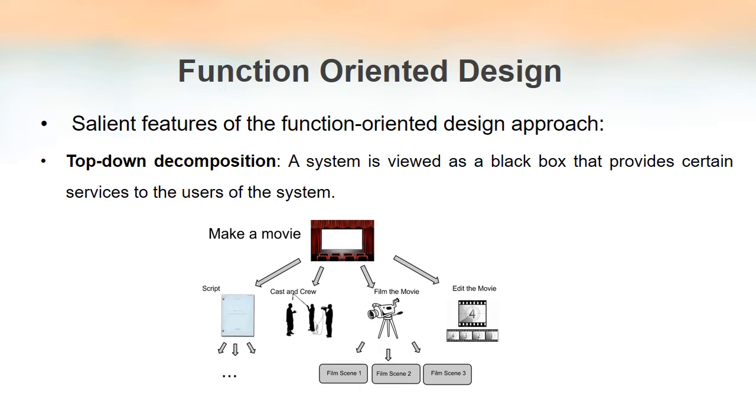First of all we are considering the entire movie as a whole, and then we are dividing the movie into small subparts. So we are taking the entire product as a whole, and from that we are dividing it into subparts. That is known as top-down decomposition. We are beginning from the top and then going downwards.